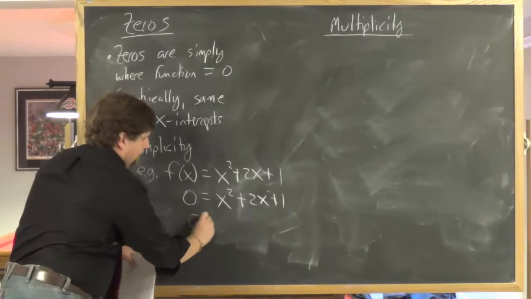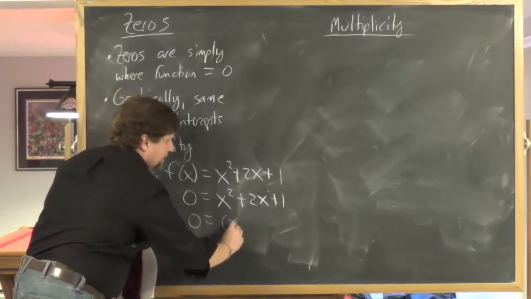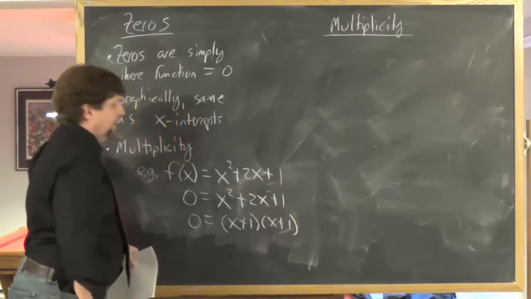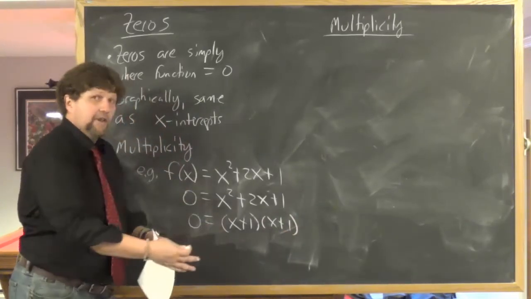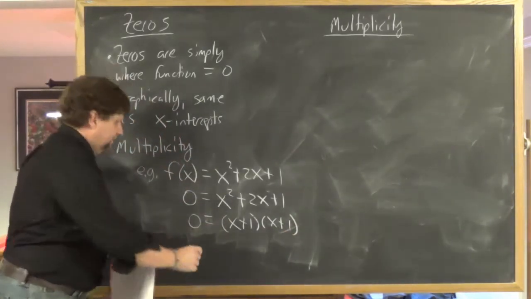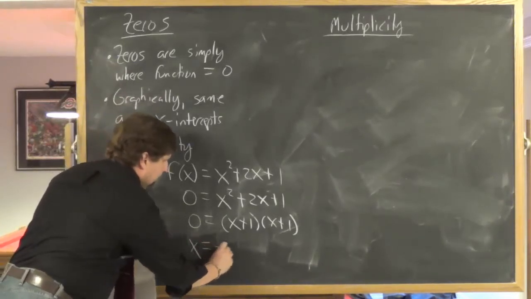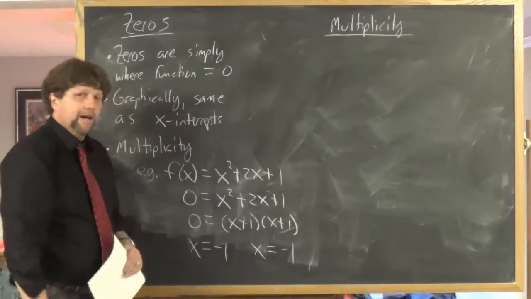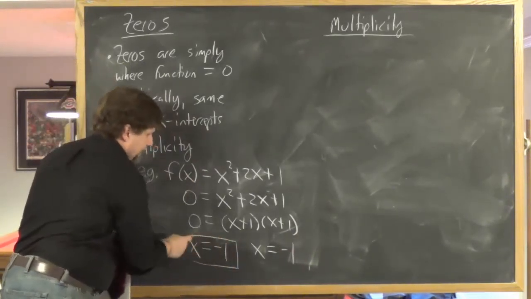And as you see, we can factor this to x plus 1 times x plus 1. And then if you set each factor equal to 0 and solve, you would get x equals -1 and x equals -1. It's the same number.